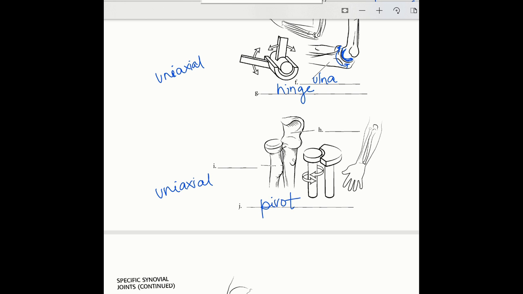So here we have our ulna and our radius. The head of the radius is rounded and it fits very nicely in the radial notch of the ulna, and we're going to have rotation here, or a pivot, so that we can pronate and supinate our palm. In other words, palm up, palm down.